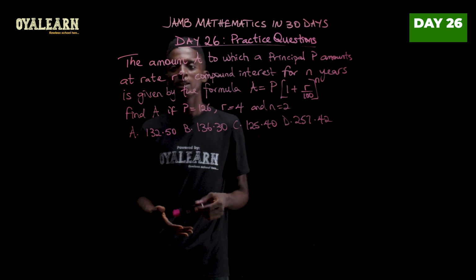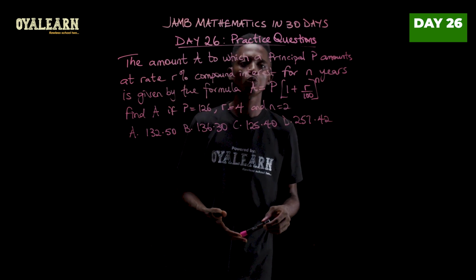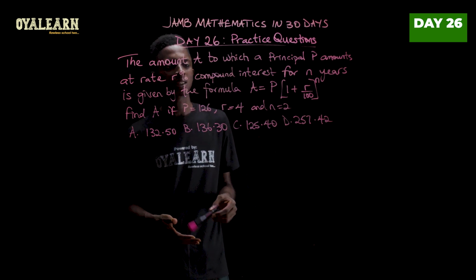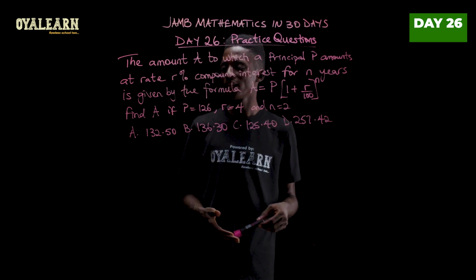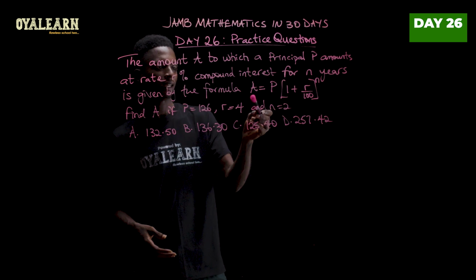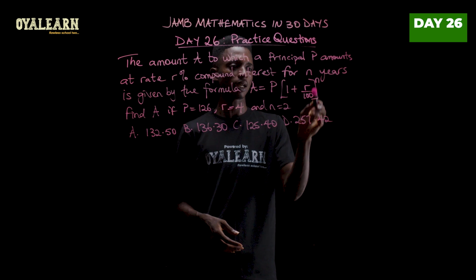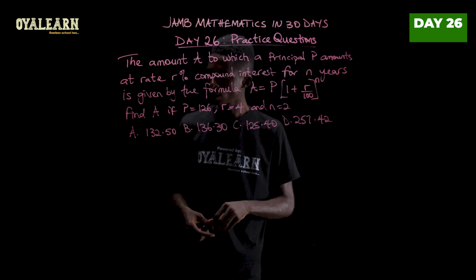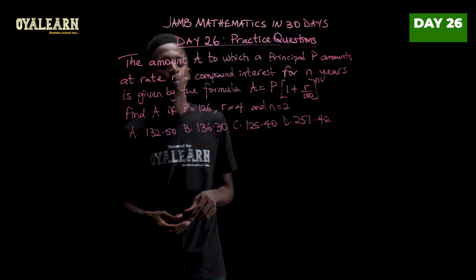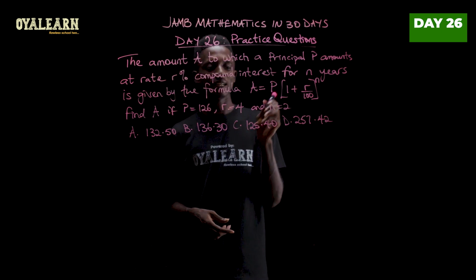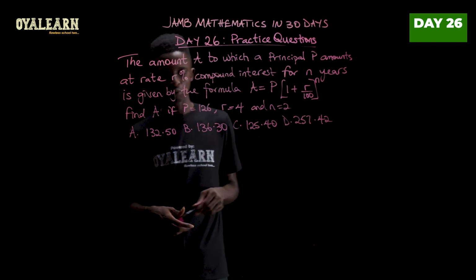Now this question says the amount A to which a principal P amounts at rate R% compound interest for n years is given by the formula A equals P into open bracket 1 plus R over 100 close bracket to the power of n. Now find A if P is 126, R is 4, and n is 2.